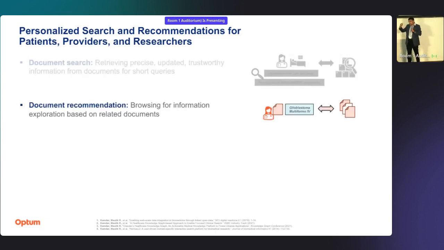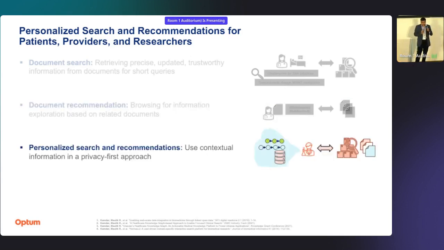And also think about document recommendation. Oftentimes when a professional is browsing information for a particular page like glioblastoma multiforme, can we use a knowledge graph to recommend additional documents, like the most recent trial around glioblastoma multiforme, or the most recent clinical guideline, or the clinical calculator associated with a document?